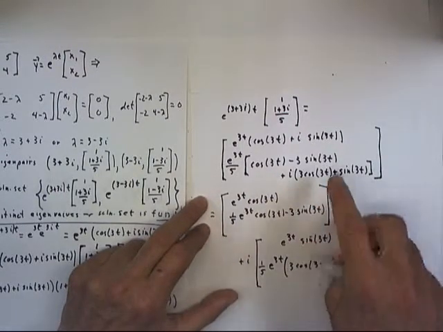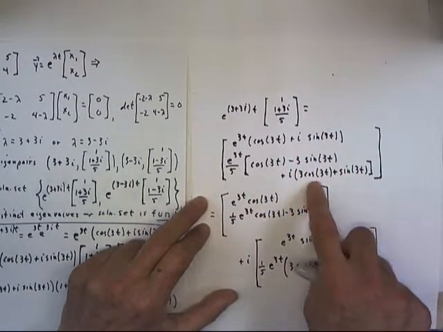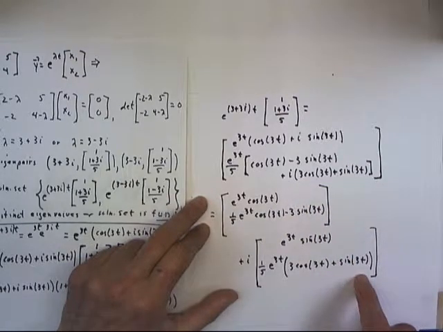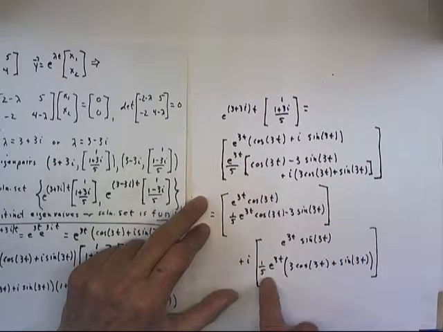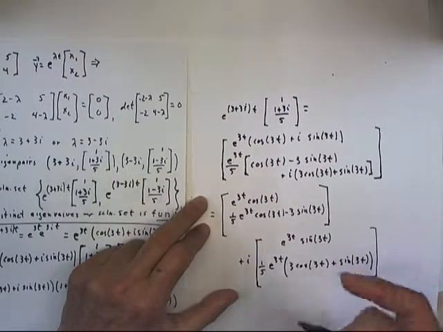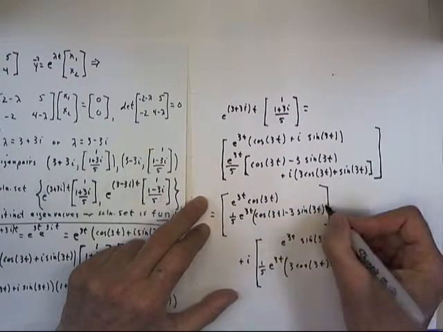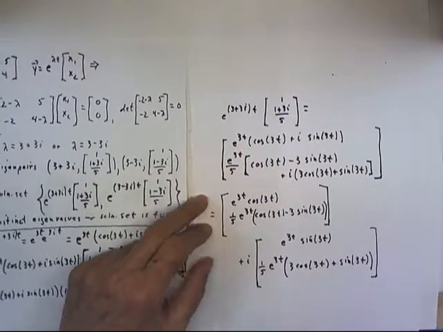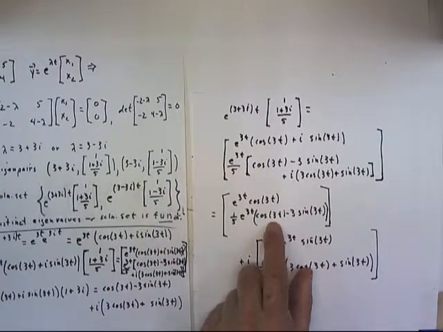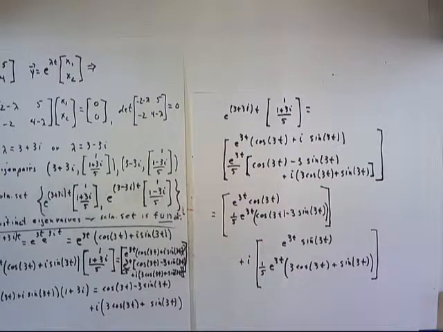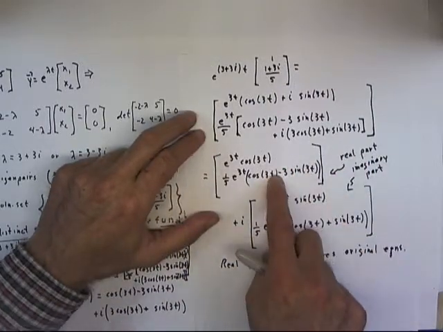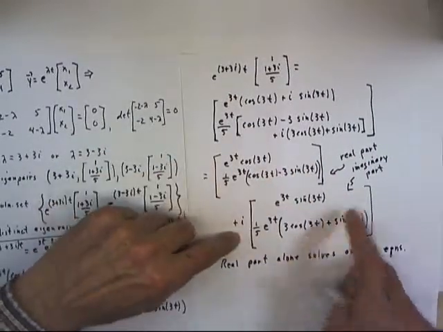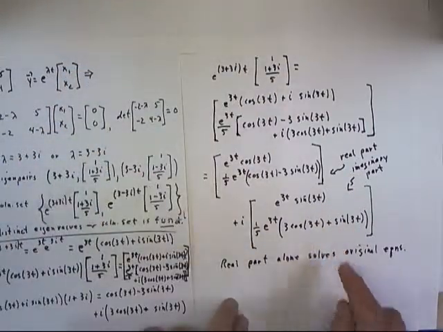And writing those components out, the sine of 3t here, the 3 cosine 3t plus sine of 3t here, along with our e to the 3t coefficient here and our e to the 3t over 5 coefficient here. And I noticed in writing this out that I neglected to put this much of the second component here in parentheses. And I've labeled this solution as the real part of this function, this as the imaginary part of this function.